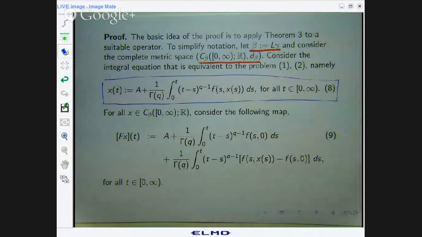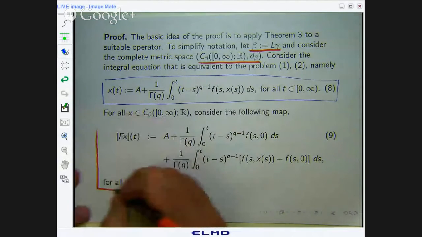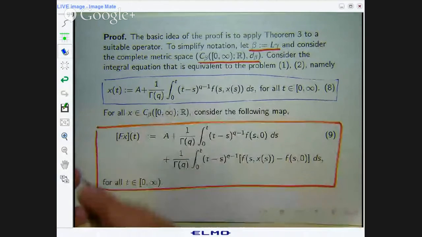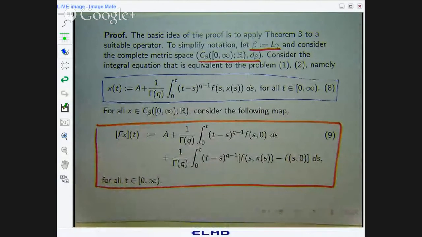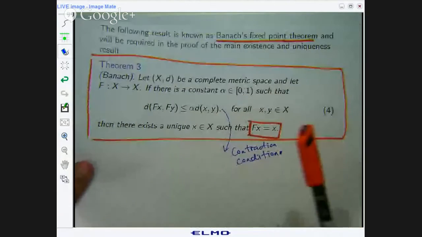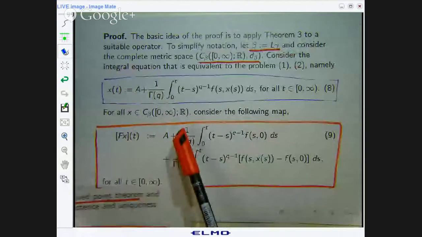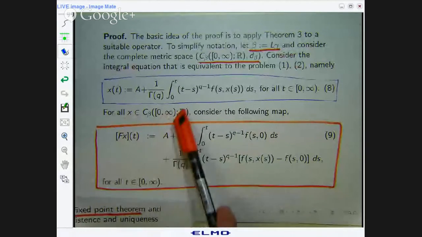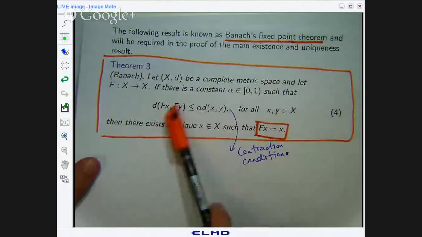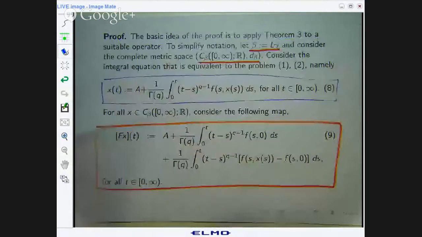All right, so this then is going to be your grand operator big F, and we're going to try to show that F maps this set back into itself and satisfies some sort of contraction condition.